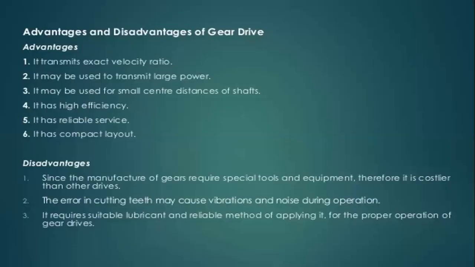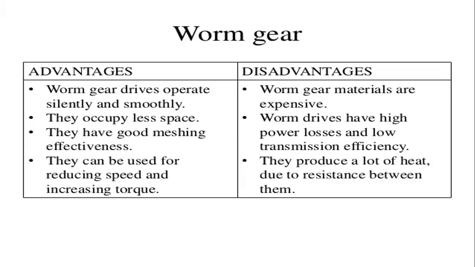Last, we come to the advantages and disadvantages of worm gears. First, the advantages: worm gear drives operate silently and smoothly. Compared with other types of gears, worm gears have very low noise and their operation is very smooth.